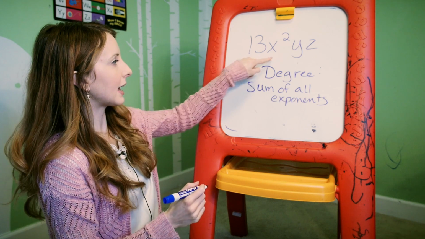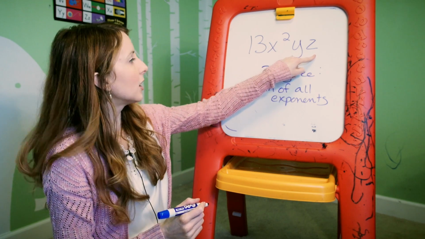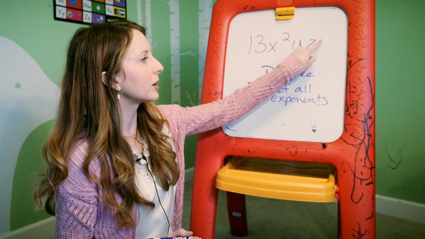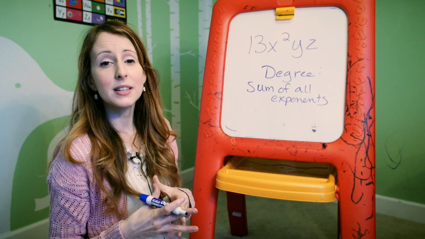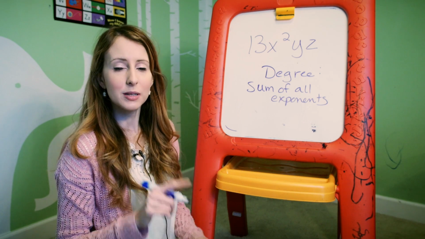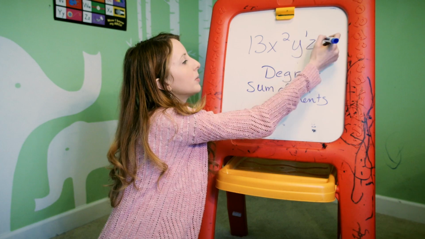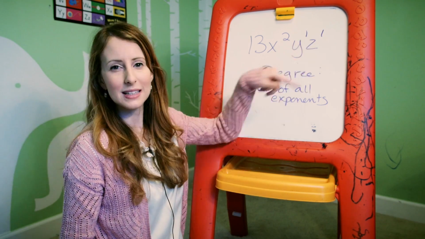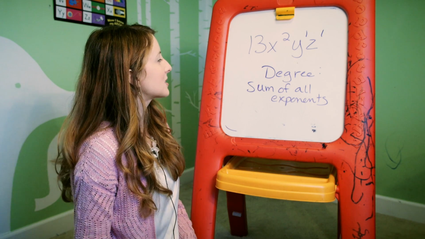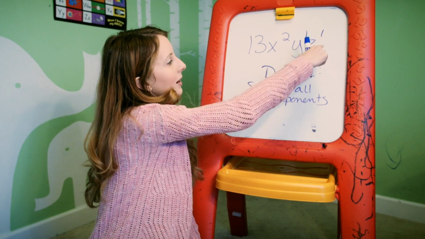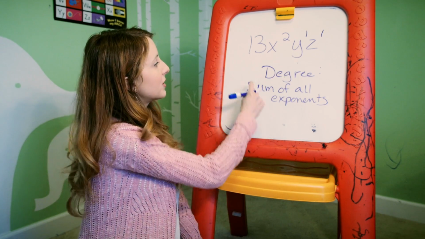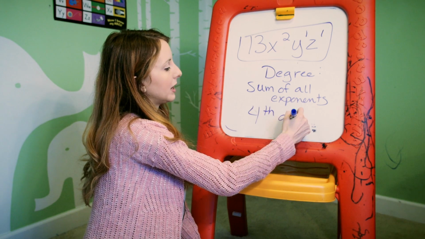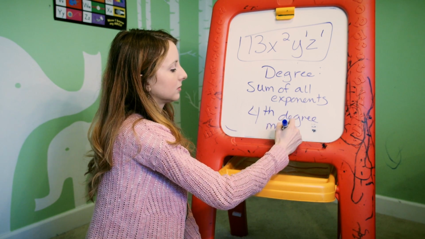So in the case of 13x squared yz, we would want to add the exponents. Now, what do you do if there's no exponent written there? Well, we've studied this before. It's always understood to be 1. And so it might help to go ahead and write that in, just so you don't forget to add those ones in. It'd be really easy to forget them. All right, so you're going to add 2 plus 1 plus 1, which is, of course, 4. So this particular monomial is a 4th degree monomial.